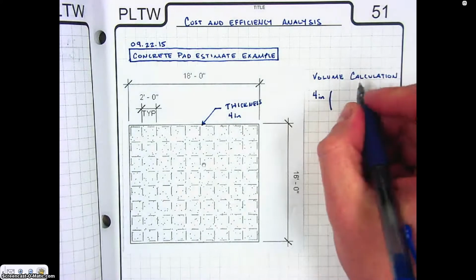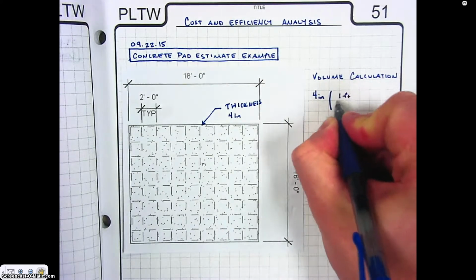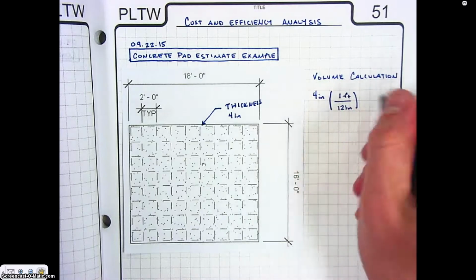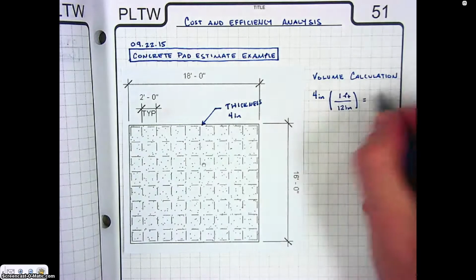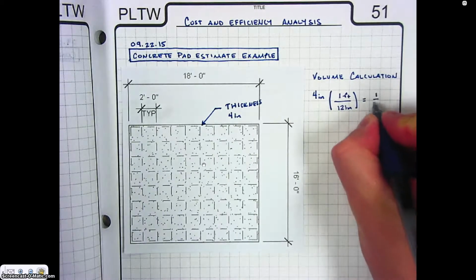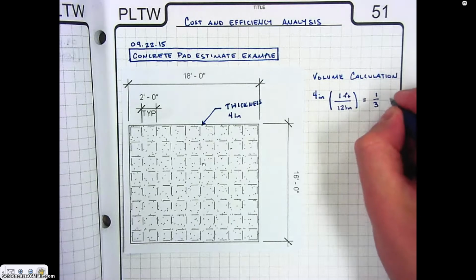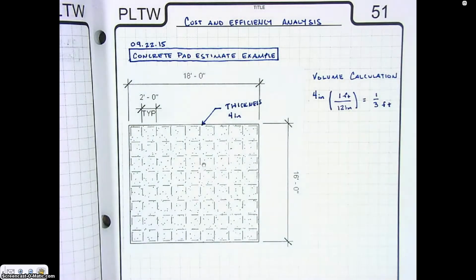Our desired unit is feet, so 1 foot is equal to 12 inches. That's our conversion factor. If we reduce that down, 4 inches is equal to 1/3 of a foot.